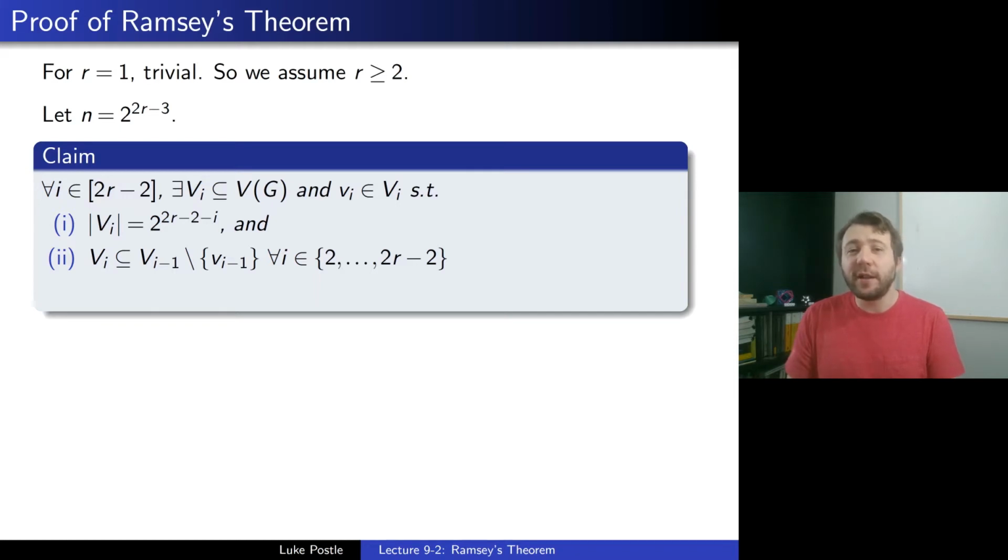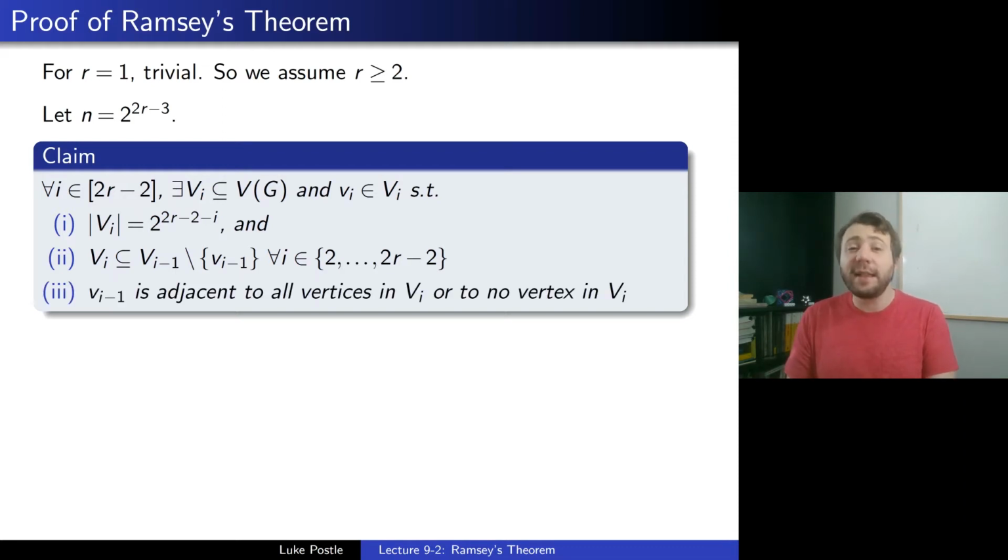So we're going to remove the little v's and then find a subset among what remains in such a way that the little v(i-1) will be either adjacent to all the vertices in big Vi or to no vertex in big Vi. So it's kind of an all or nothing principle, that you're adjacent to all or non-adjacent. And that's, of course, going to be helpful for finding cliques or anti-cliques.